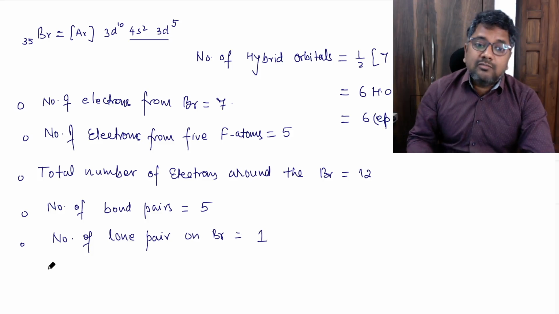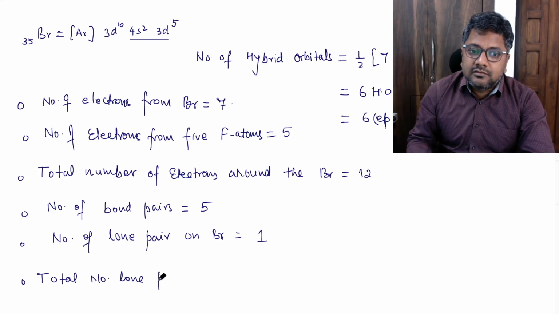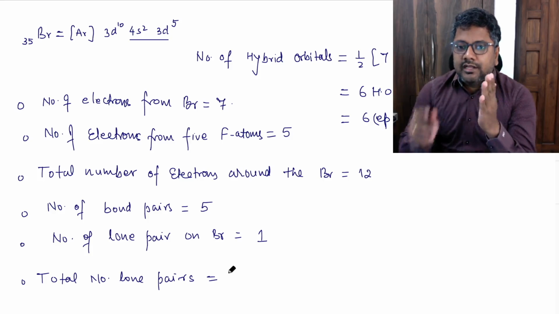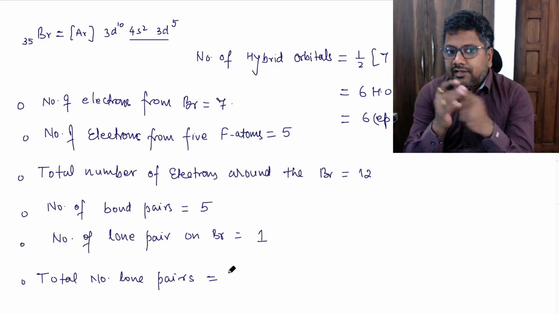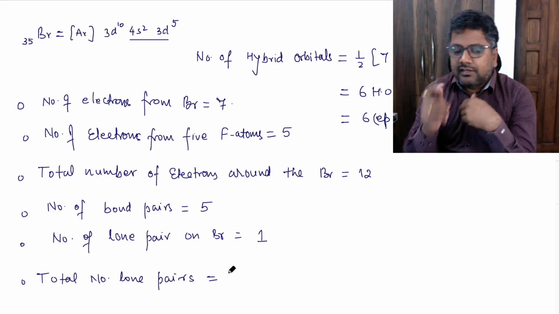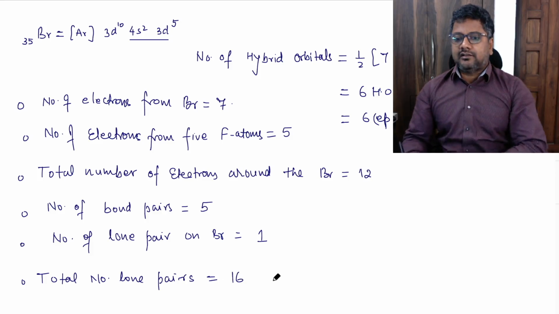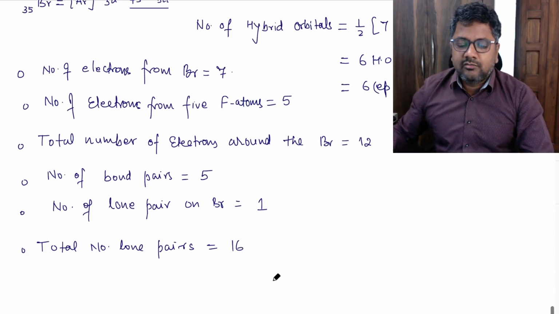And the total number of lone pairs: each fluorine has 3 lone pairs, so 5 fluorine atoms give 5 times 3, 15, and 1 on bromine, total 16 lone pairs of electrons in this molecule.